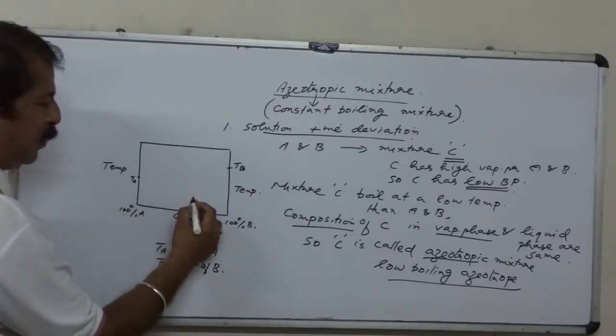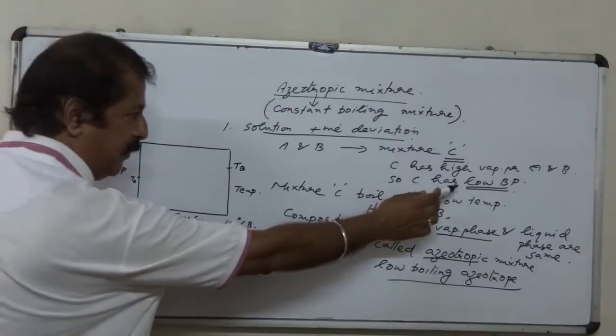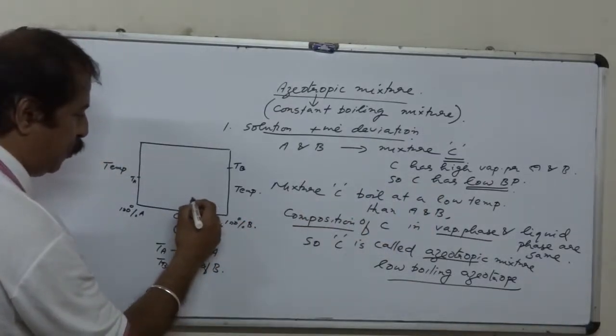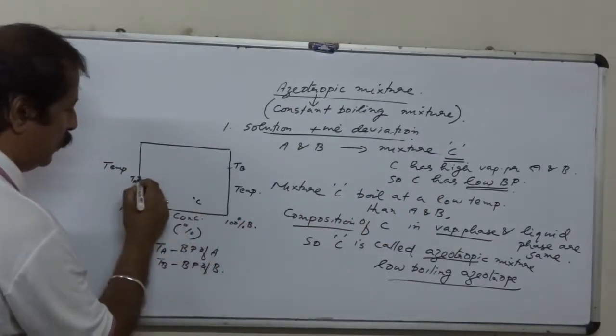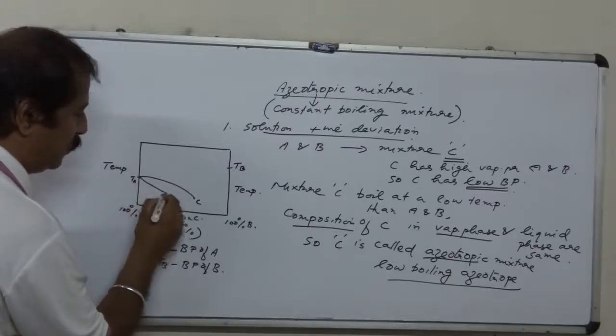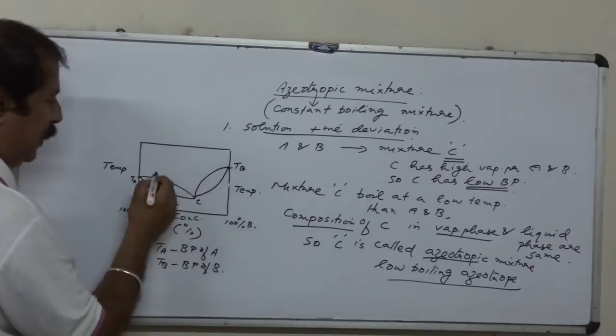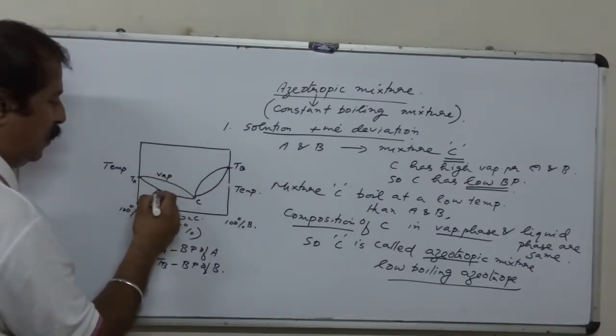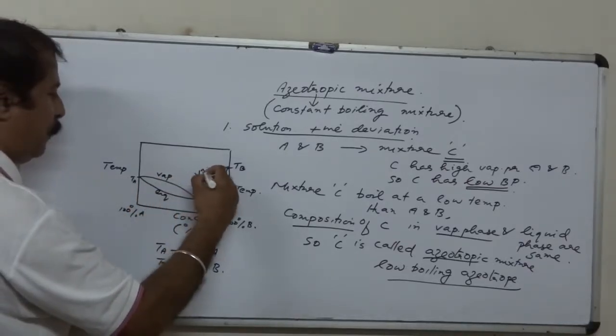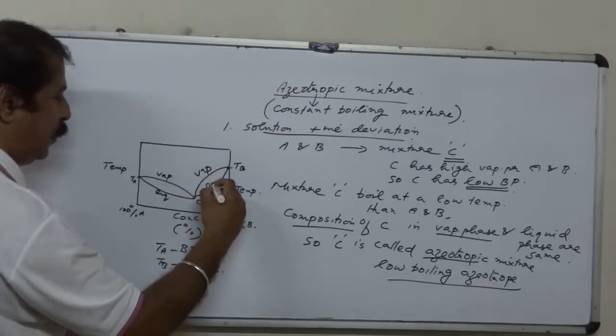And A and B combine to give a mixture C. Mixture C is having low boiling point, so I am going to put it here, C. So the curve comes like this. Here it is vapor, here it is liquid.